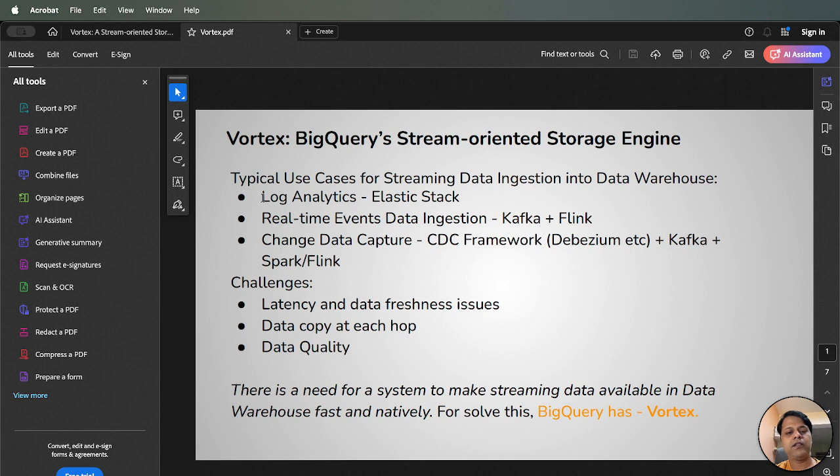Okay, and the typical use case for streaming data ingestion into data warehouse systems is change data capture. Okay, so most of the time the data is coming in from databases in the form of change data.